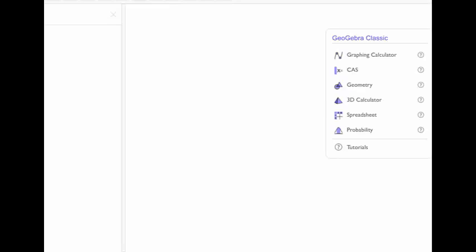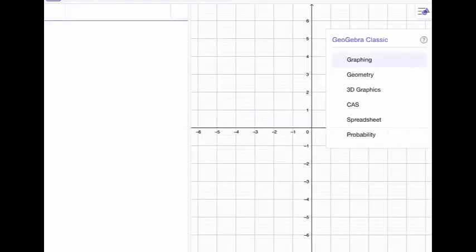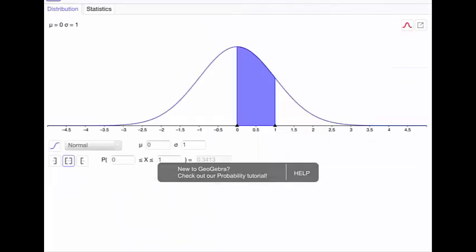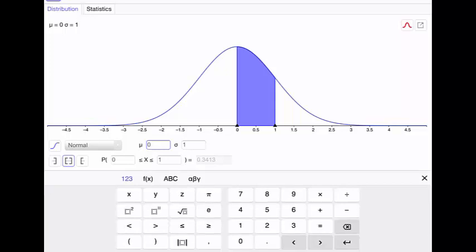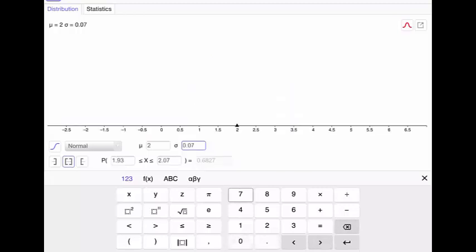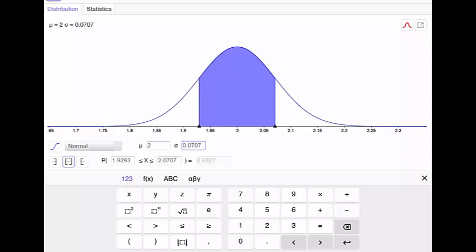In this case here, I want to choose, again, the normal calculator with a mean and standard deviation. So here the mean is 2, and the standard deviation again is our 4 decimal places there, 0.0707.